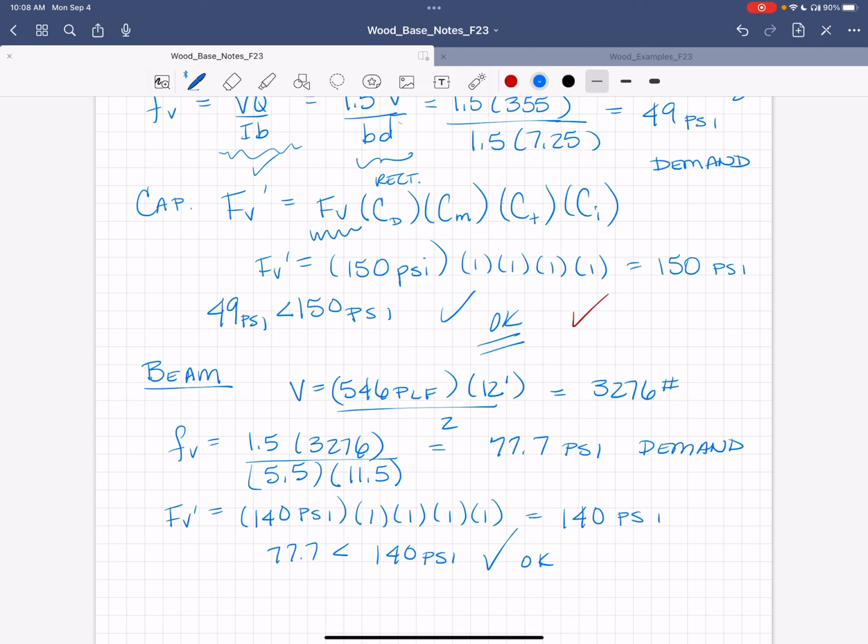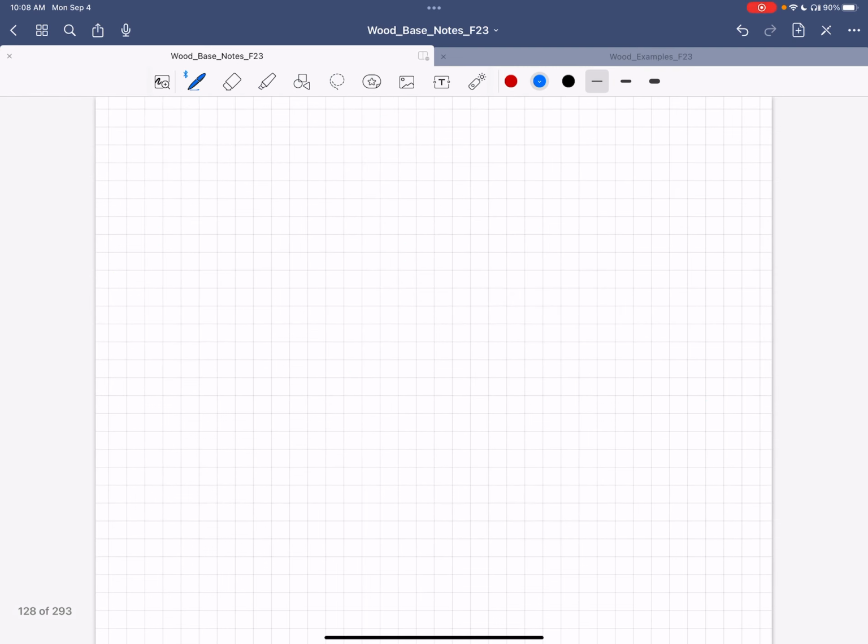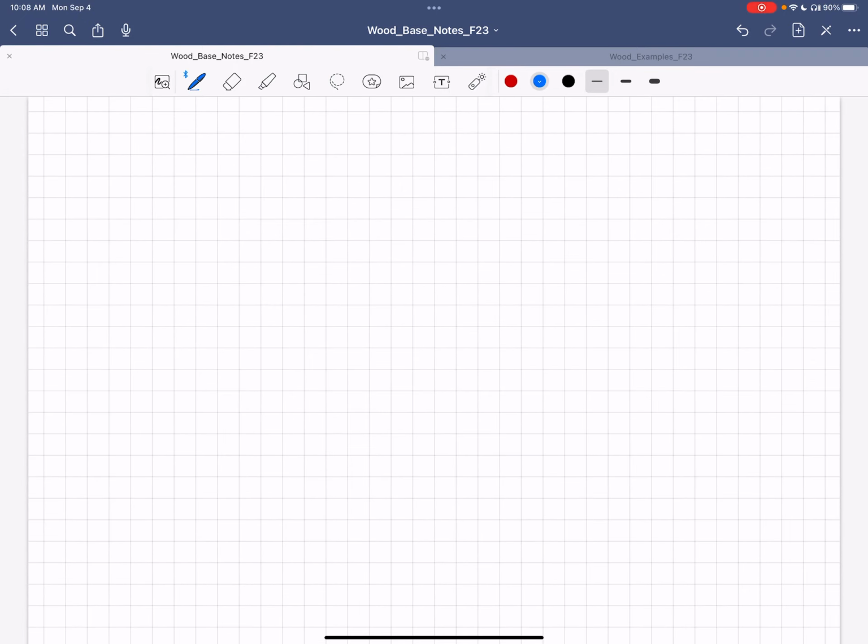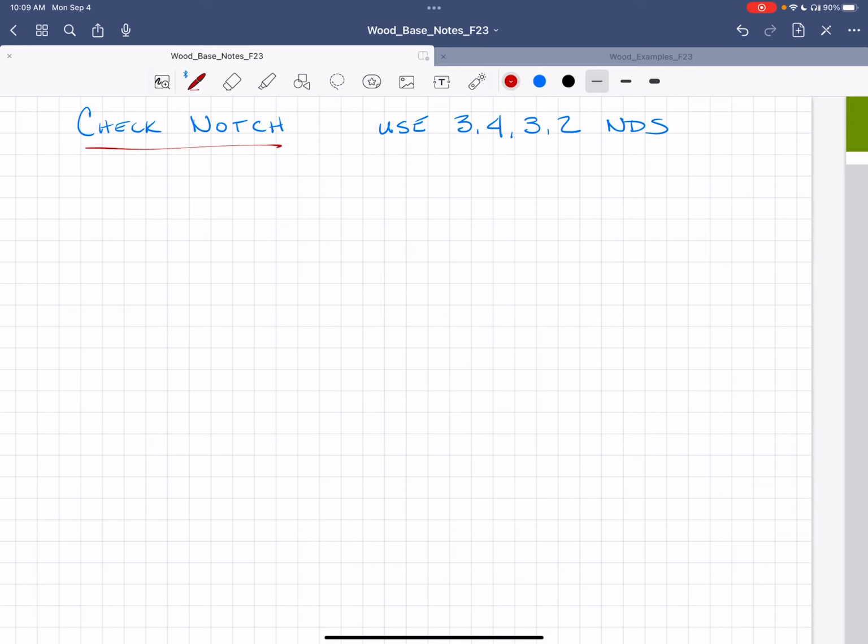So the next part of that problem was, let's go ahead and check the notch. If you go in and look at the NDS, we talked about this just briefly before, 3.4.3.2 of the NDS, you will get an equation.